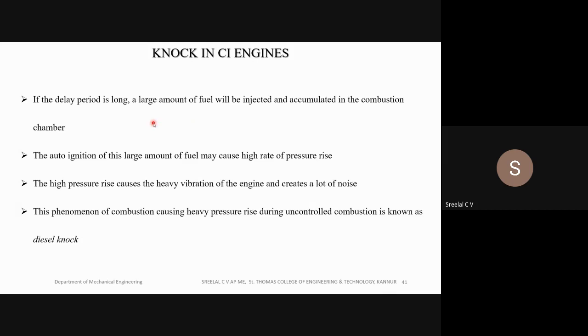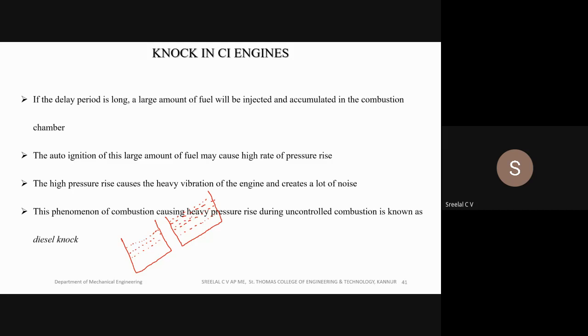For example, this is a normal combustion chamber having a proper normal delay period or ignition delay stage. Here this much fuel gets accumulated. The same thing, for a particular cylinder which has a long delay period.